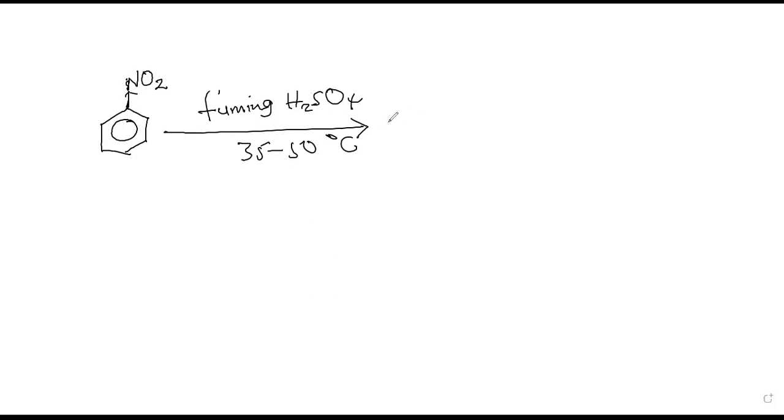So for this case with a nitro group, we form minimal amounts of these products. Of course, we shall still have the ortho, but I'm going to show you the differences in the products.